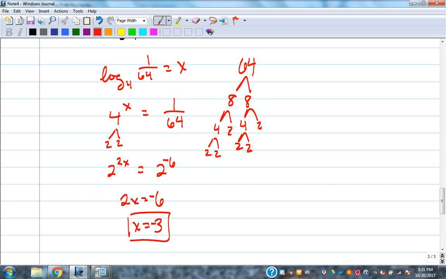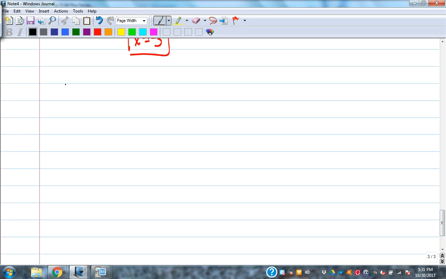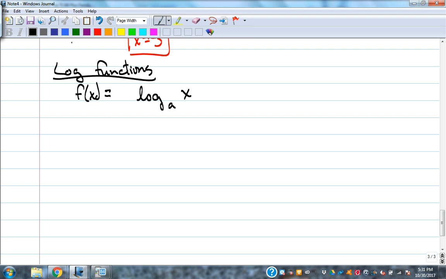Let's talk about functions with logarithms. f of x equals log base a of x, just a basic log function. Not so much solving equations here, but just looking at log functions in terms of graphs.